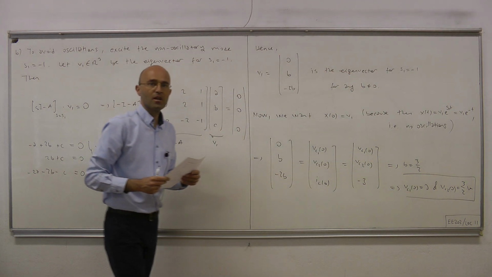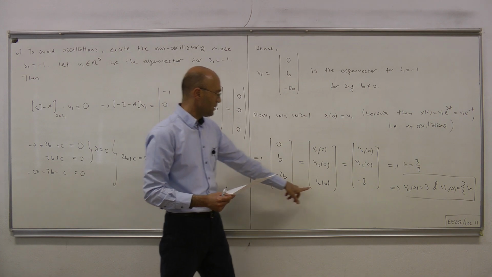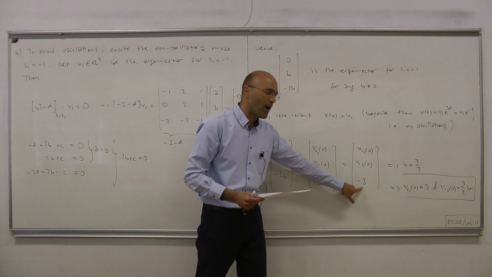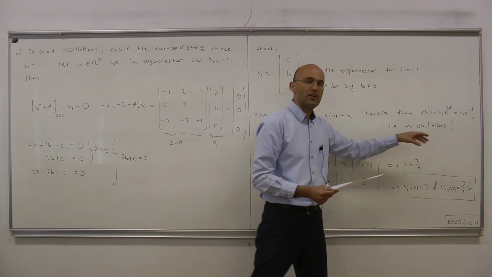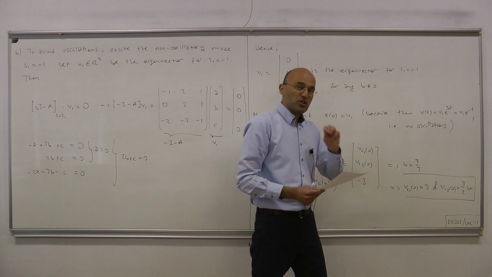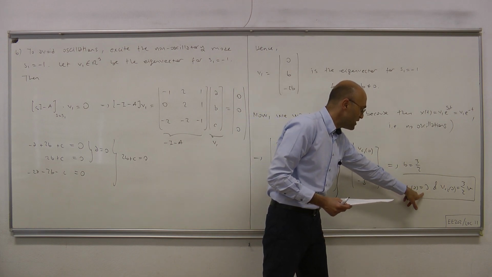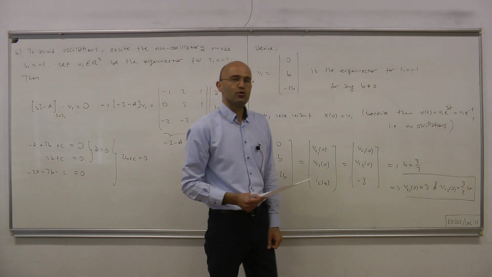To summarize, if the initial inductor current is given as minus 3 amps and if you don't want any oscillations to appear in your response, then that's possible only by choosing the initial capacitor voltages as 0 volts and 3 over 2 volts.